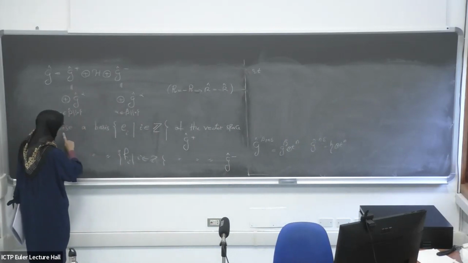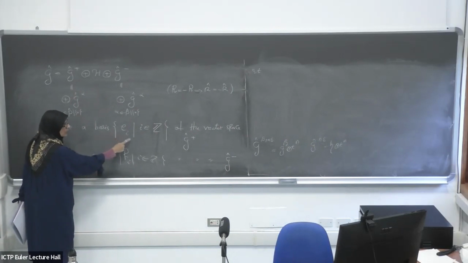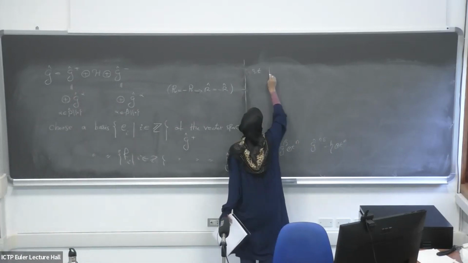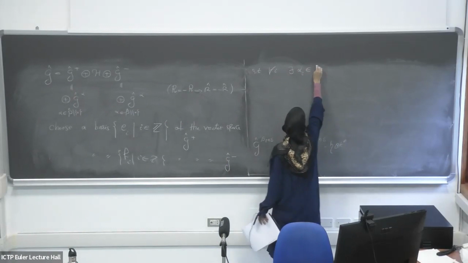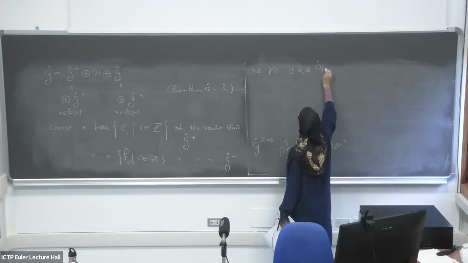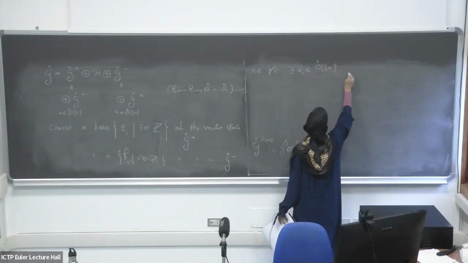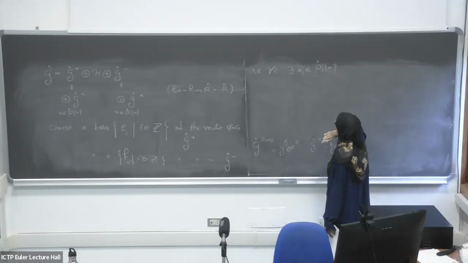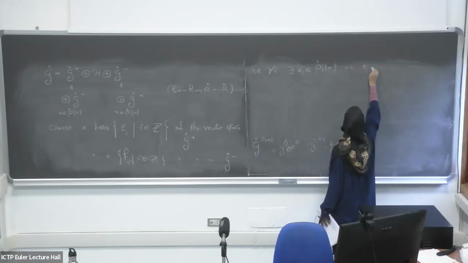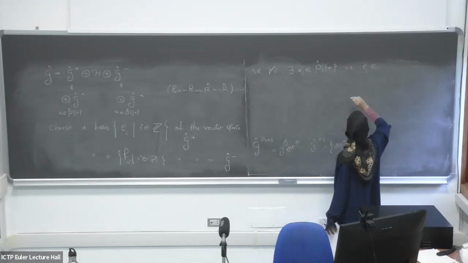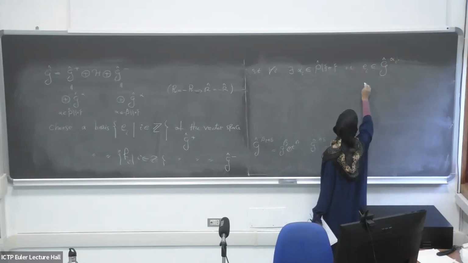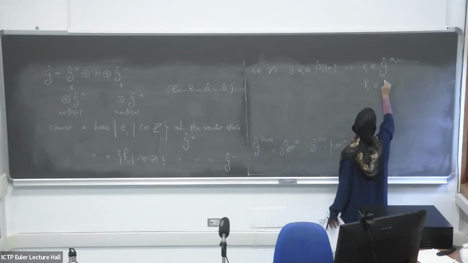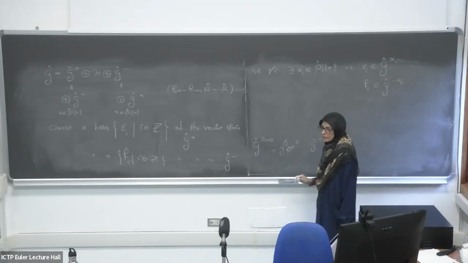I select a basis in the way that for each I, there exists alpha I belonging to P hat minus 0 such that EI is an element of G hat alpha I. And Fi is an element of G hat minus alpha I. Right?